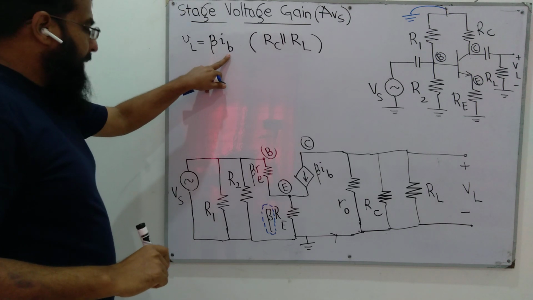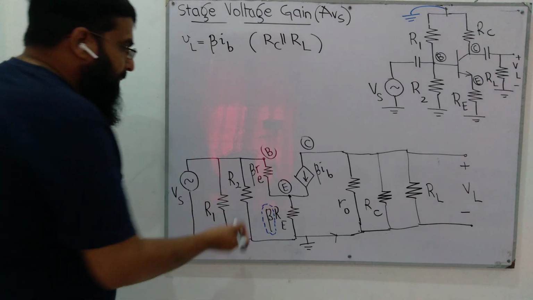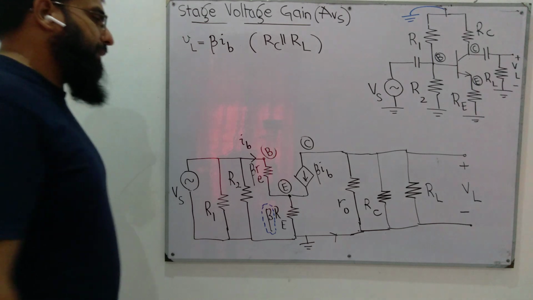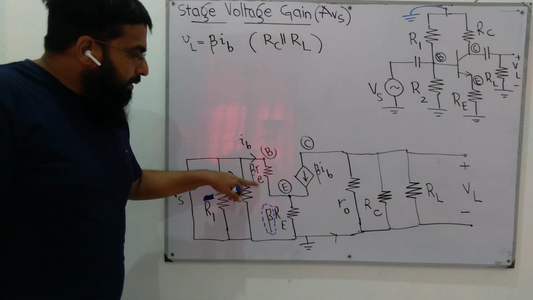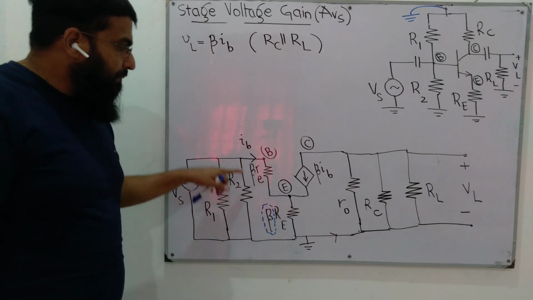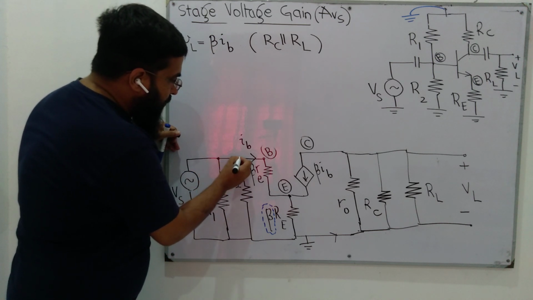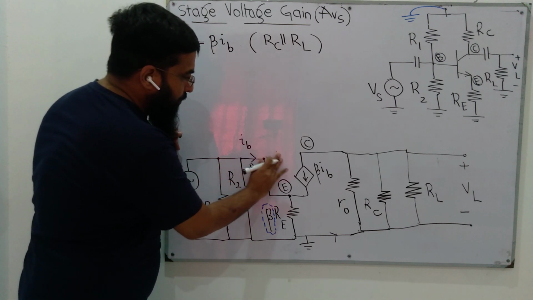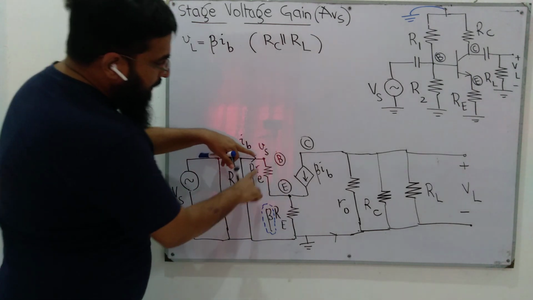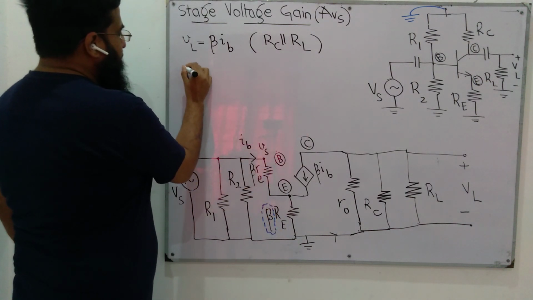Now, if we put IB in terms of VS, we can compute stage voltage gain directly. What is IB? It is the current that flows through the base terminal. The resistance small re and this capital RE seen on the base side are multiplied with beta. Since they are all in parallel, VS is the same node voltage VS, and even here we have the same voltage VS. So finding IB, the current flowing through it, is simply a matter of applying Ohm's law.